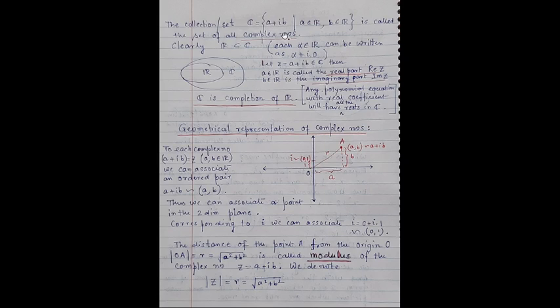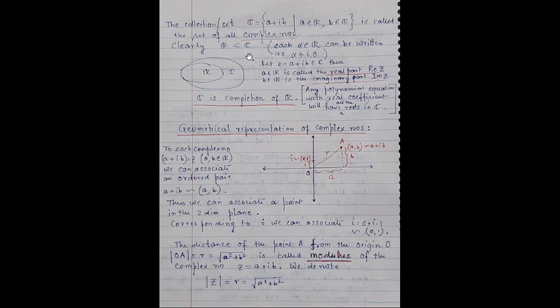So real part is a real number, imaginary part is also a real number, which is the multiplying factor of i in the complex number. So real part, imaginary part of a complex number.